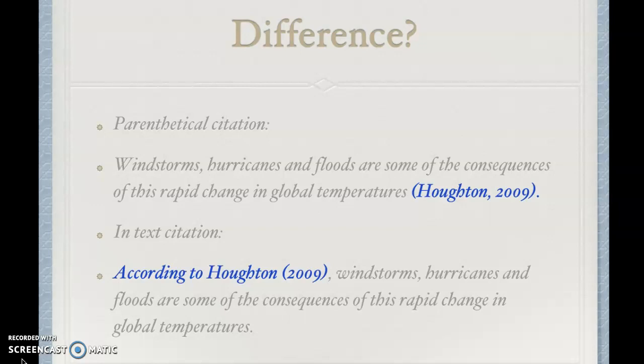In an in-text citation, the name of the author is embedded into my sentence, and only the year of publication is placed inside parentheses. So the first one is called a parenthetical citation, and the second one is called an in-text citation. Does it matter which one you use?